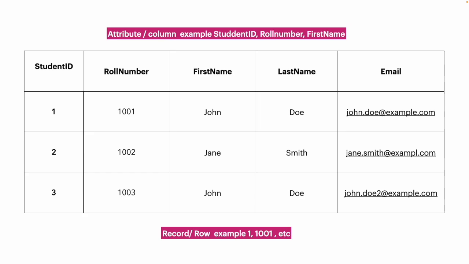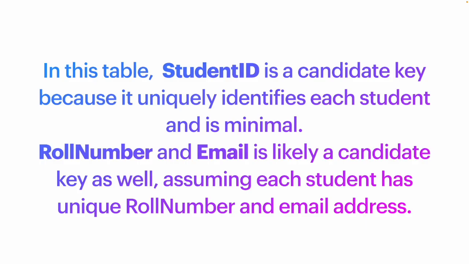Let's discuss in respect to this table. In this table, student ID is a candidate key because it uniquely identifies each student and is minimal. Roll number and email are likely candidate keys as well, assuming that each student has a unique roll number and email address.